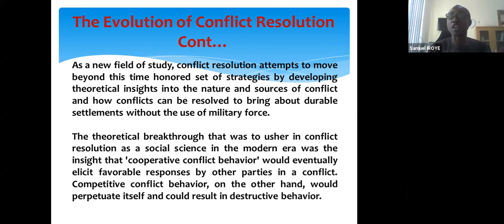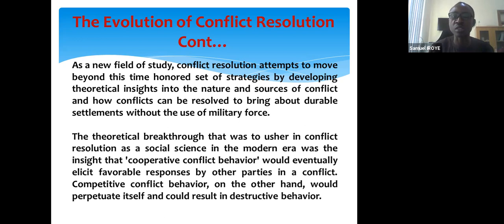So we have some theoretical breakthroughs. What I mean by theoretical breakthroughs is theories that have evolved in the process of scholars trying to study the essence of conflict resolution, its impact and its application. In this process, certain theories have come into play, and these have become established theories.